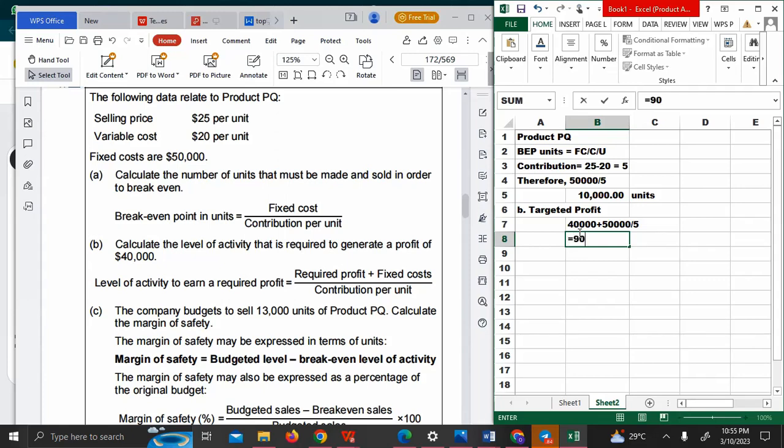Yes. 40 plus 50, divided by 5. Yes. So that gives us 18,000 units. That's the minimum we can sell to get 40,000 profit. So that means you have to target 18,000 units. You have to sell 18,000 units to make at least a minimum of 40K profit. Exactly.